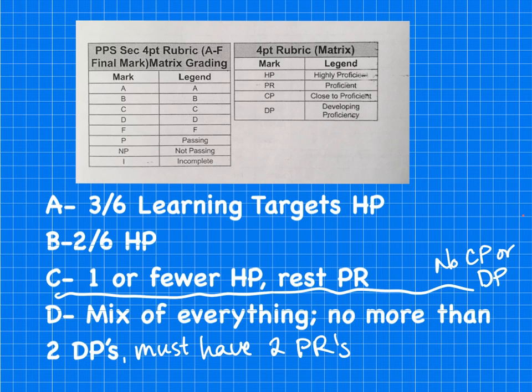So make sure you have all those up. To get a D, which I don't really want anybody in that D range, that can be a mix of everything. No more than 2 developing proficiencies for your learning targets, and you must have at least 2 proficients.